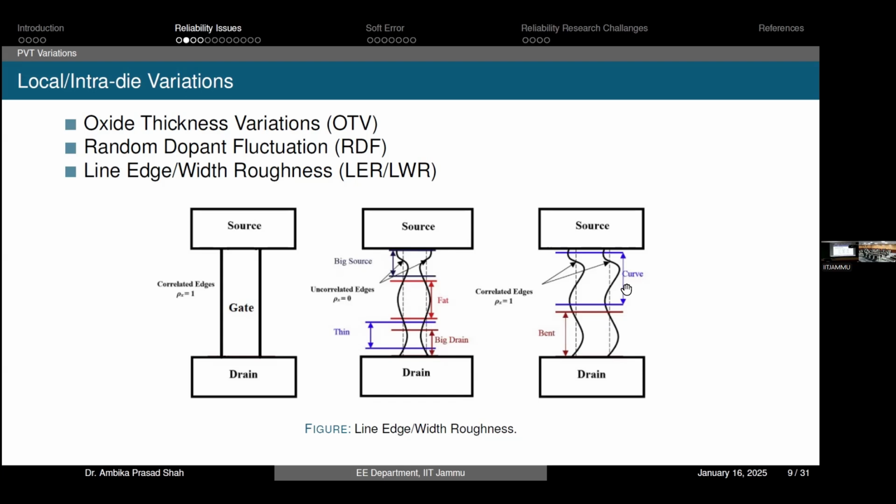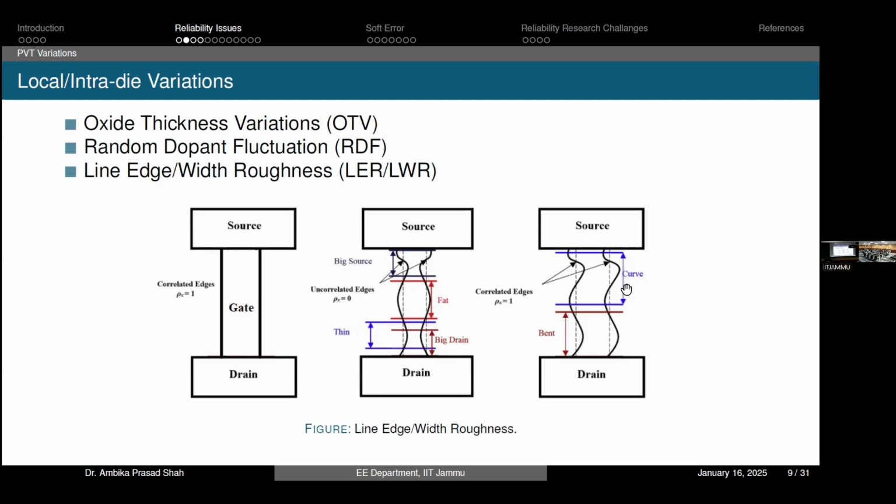You expected your device to look like this, but there could be some variation in the line and in the width. This creates variations, which we call process variations.